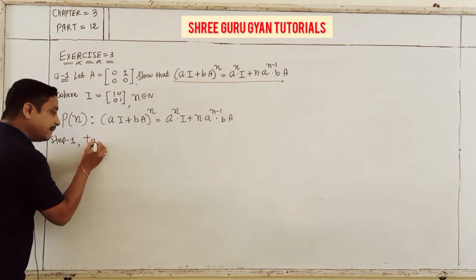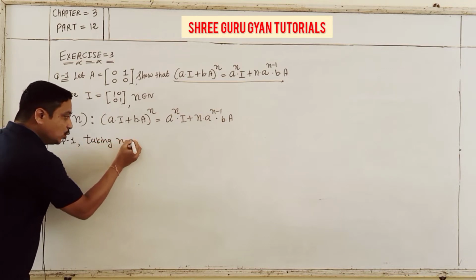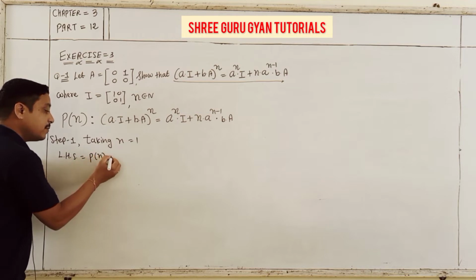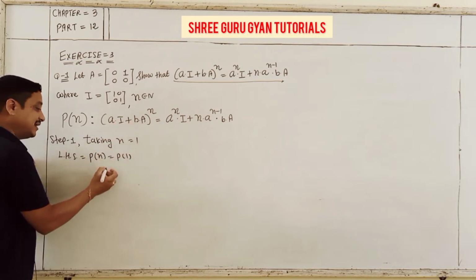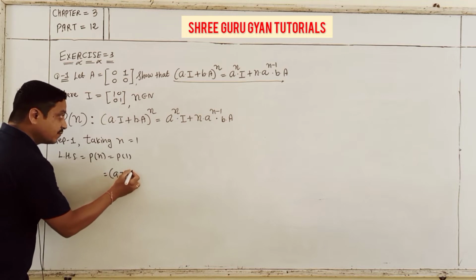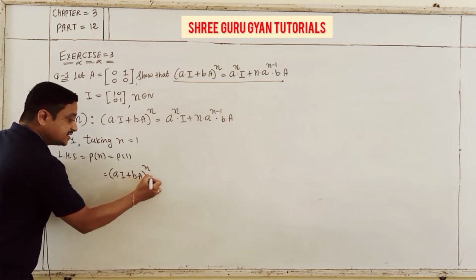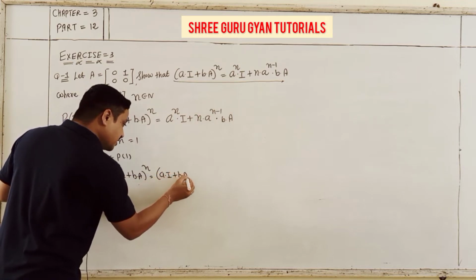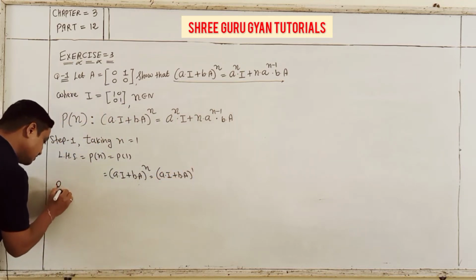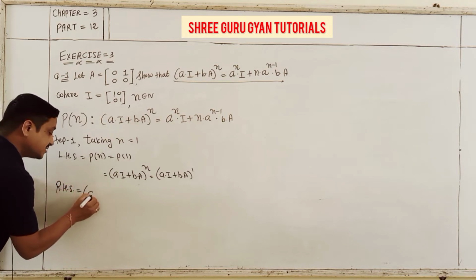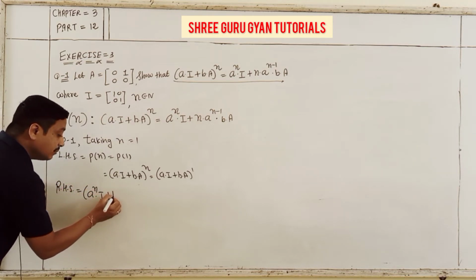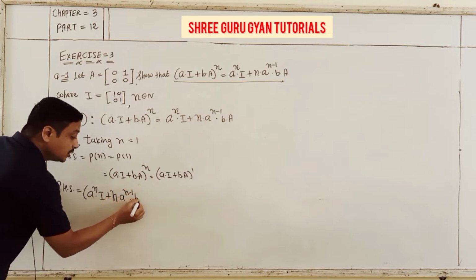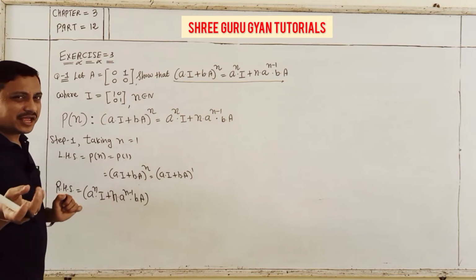Taking n equal to 1, what is your LHS? Apply P(1) to the LHS part, (aI + bA)^n, but I put n as 1. So (aI + bA)^1. Same for the RHS, students. My RHS is a^n I + n a^(n-1) bA. Just put n as 1.